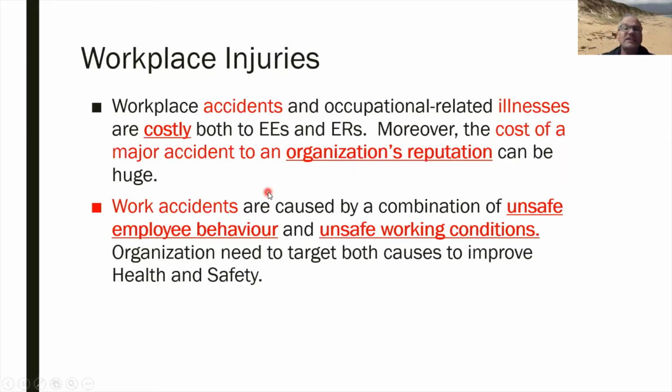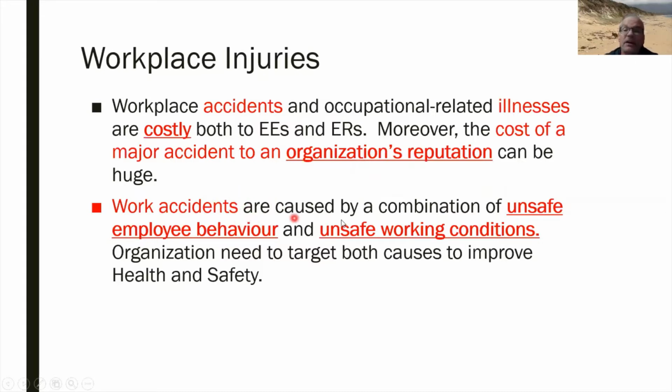Okay, so classic occupational health diseases. Work accidents are caused by two things, a combination of unsafe employee behavior and unsafe working conditions. Unsafe behavior might be something as simple as not wearing your PPE, so not wearing safety glasses or steel-toed boots.